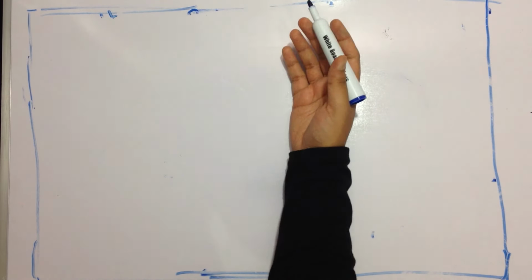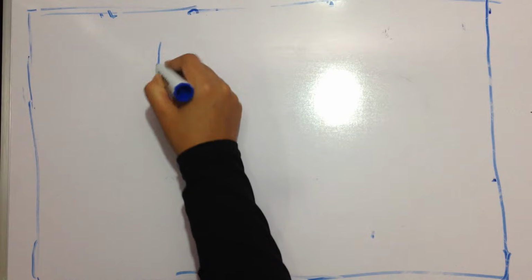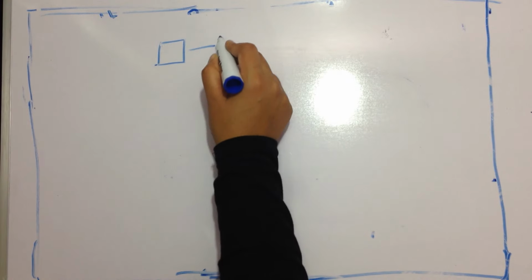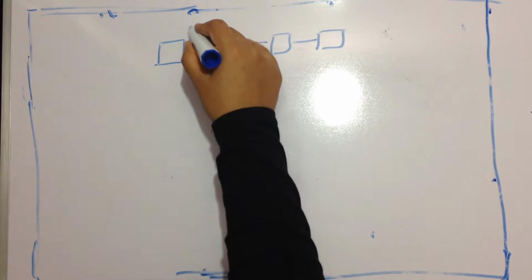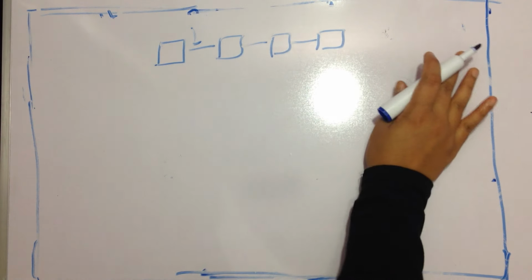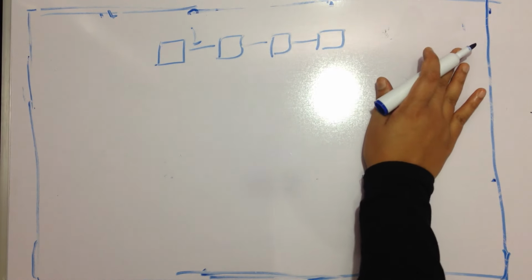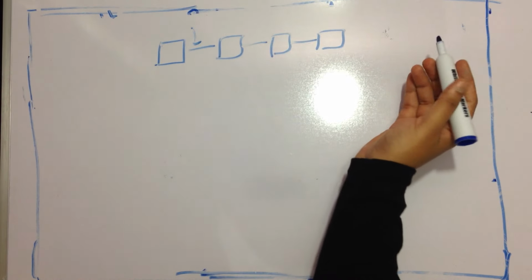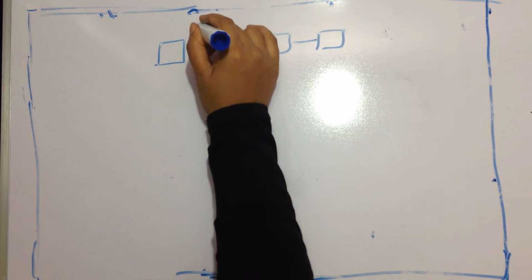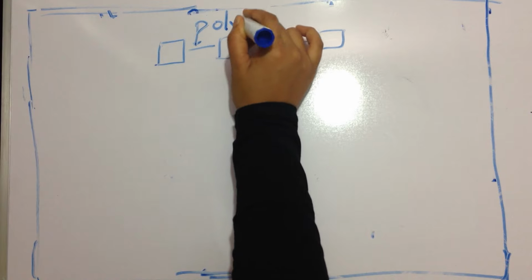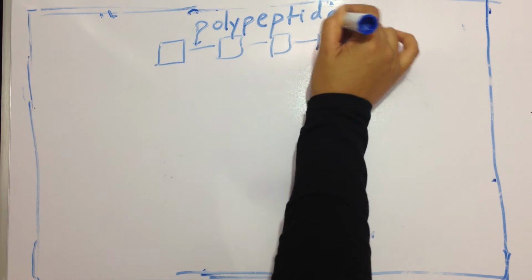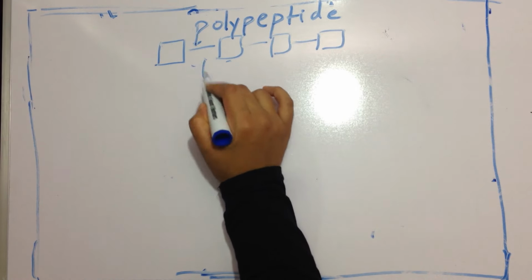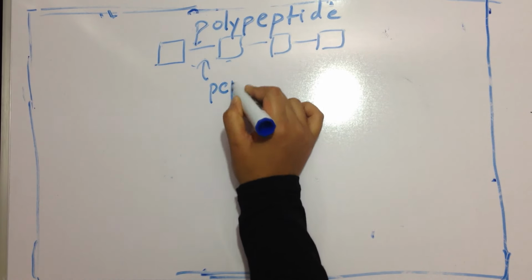When amino acids, let's say these amino acids, form bonds between each other, they will form a polymer. Here the polymer is called a polypeptide, so I'm going to write polypeptide, because the bond between these amino acids is called the peptide bond.